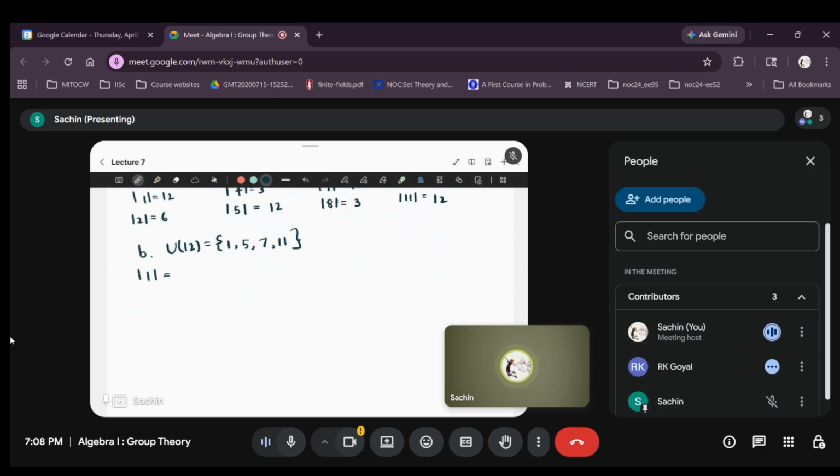This is multiplication now, powers. 11 square is 121.